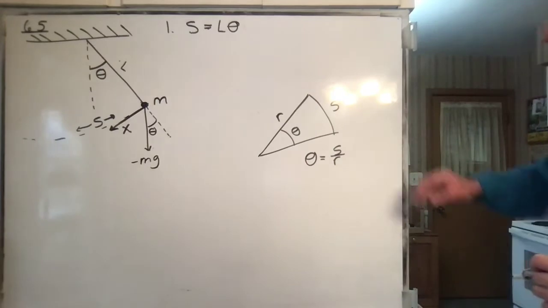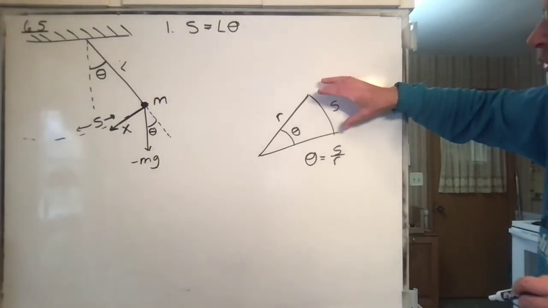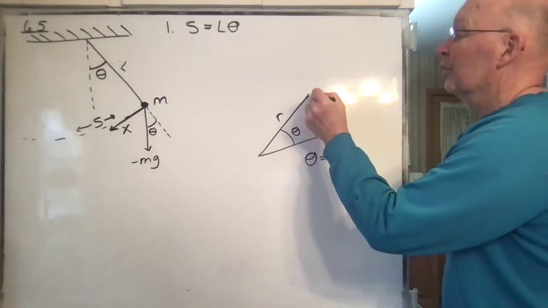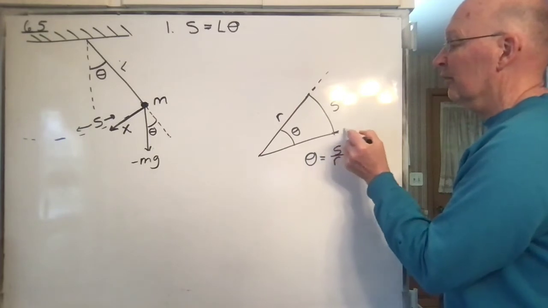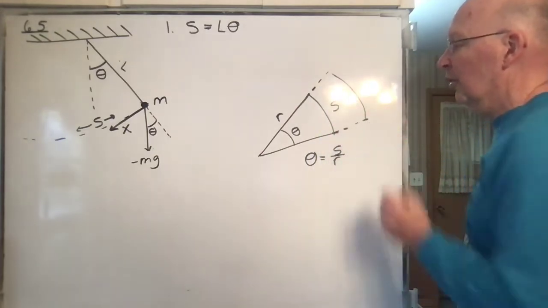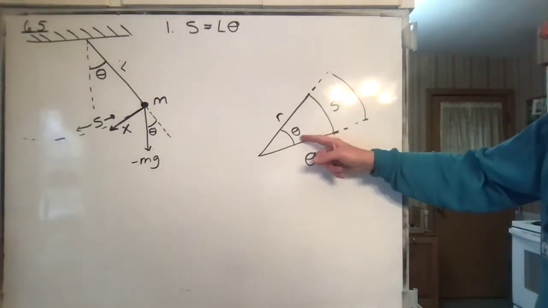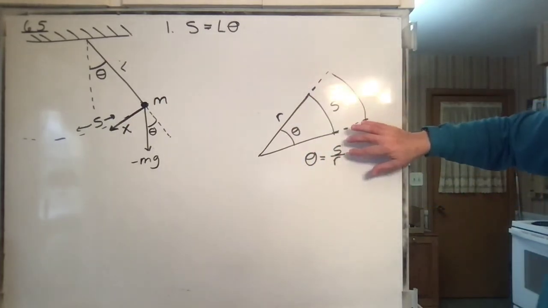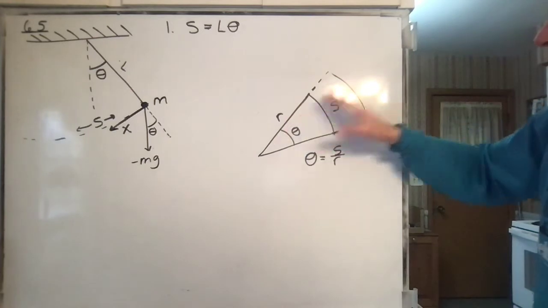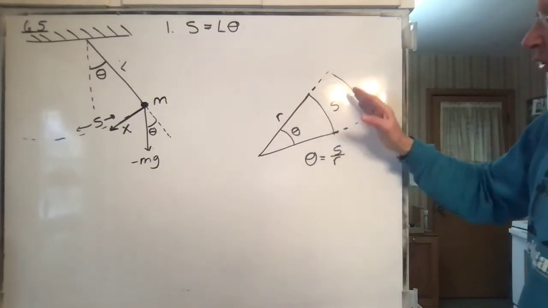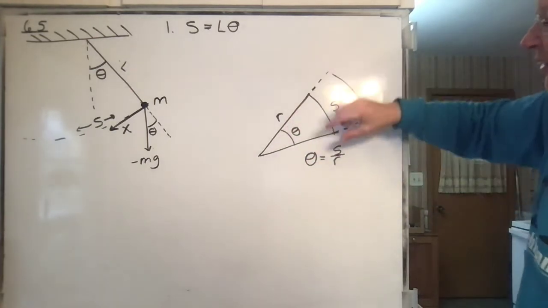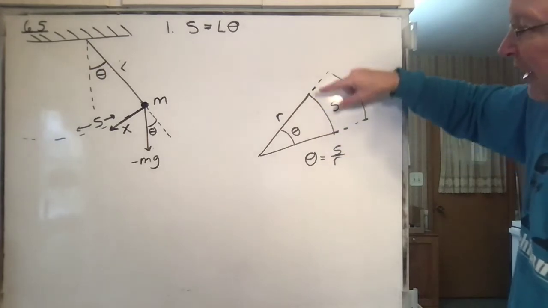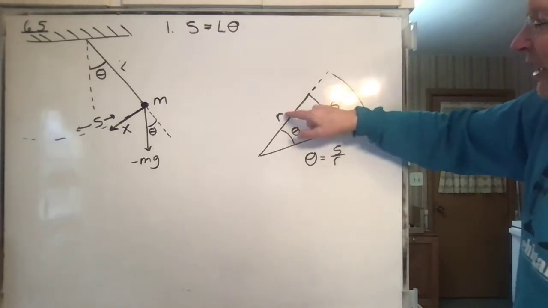Okay? So you see that as, first of all, if you were just to increase this thing so it would look like this instead, notice that the angle would be the same, because S would grow, R would grow, they would grow in proportion. So it doesn't matter what the size radius is, this angle is always going to be the same value, this divided by this.